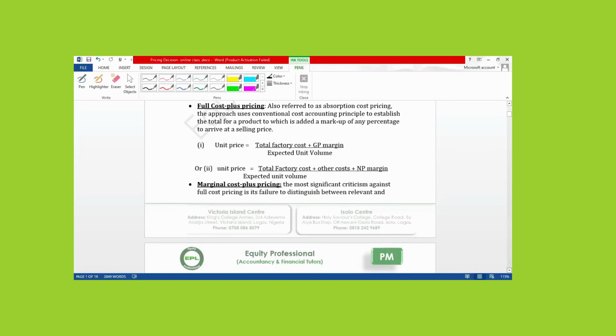In addition to the variable cost, a certain percentage markup is added to the total variable cost so as to arrive at the selling price. We discussed this last week.